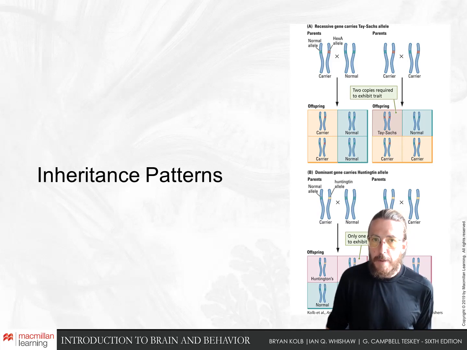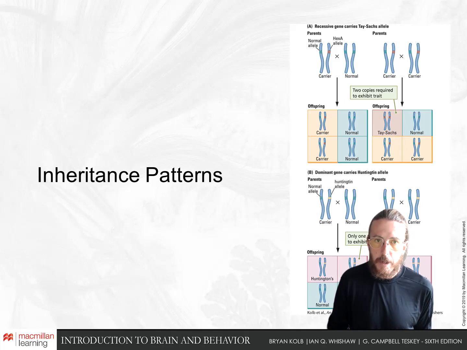If they marry someone without that recessive gene, then they can have offspring that are carriers, but they'll have no offspring that are going to inherit both of the mutated alleles because their spouse doesn't have any of them.